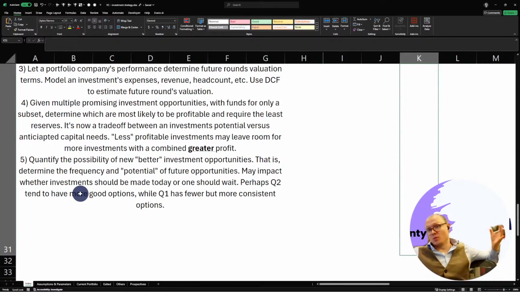So again, depending on what we want to do at that point in time in Q1, we may or may not want to wait till Q2, even though there are plenty of decent options, but we would rather wait, and hopefully we'll see what comes along in Q2.